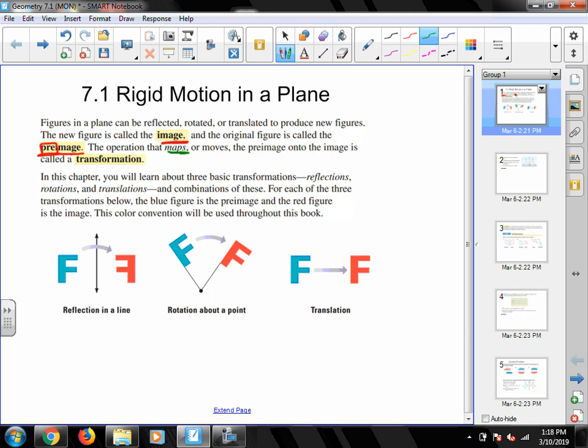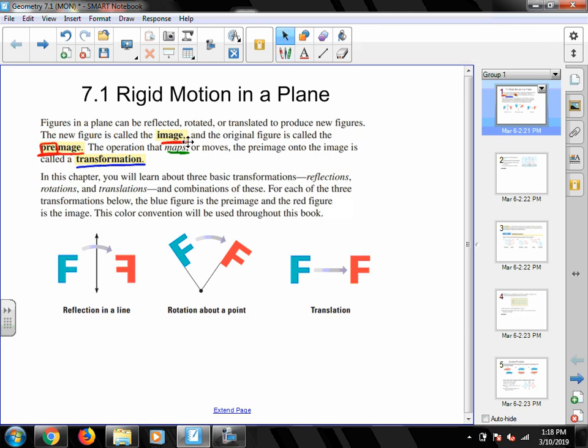So a reflection is going to map the pre-image to the image. So it's just going to move that image. And in general, these things, reflections, rotations, or translations, are called transformations.